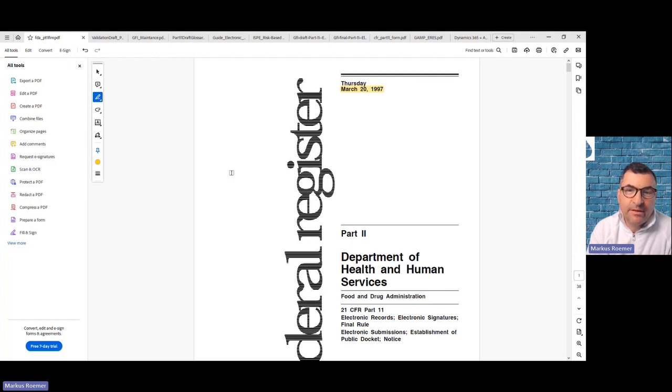What we should always consider, for example, when we write a user requirement specification, and sometimes I must read just one requirement saying the system should comply with 21 CFR Part 11. This is very vague. This is maybe not appropriate.